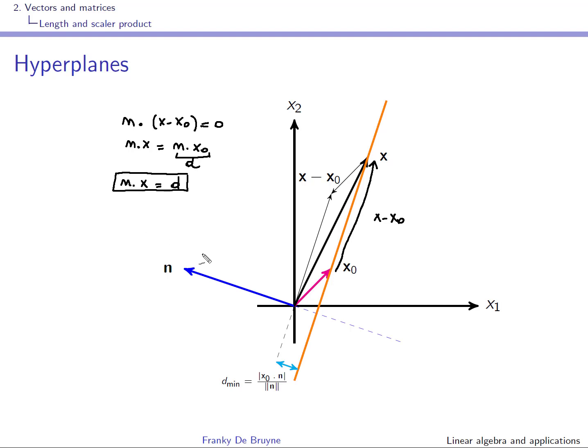Okay, so now we can look also at the shortest distance of this hyperplane to the origin, and in our example this is the shortest distance, right?